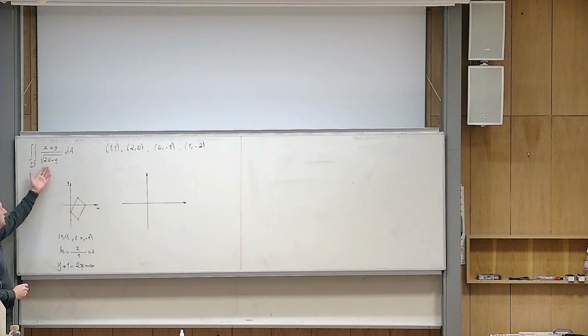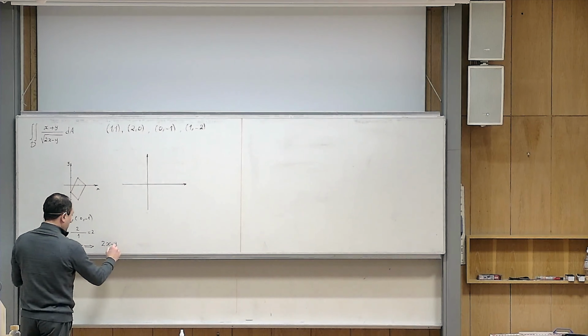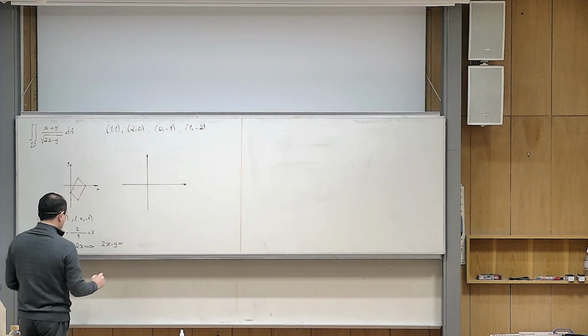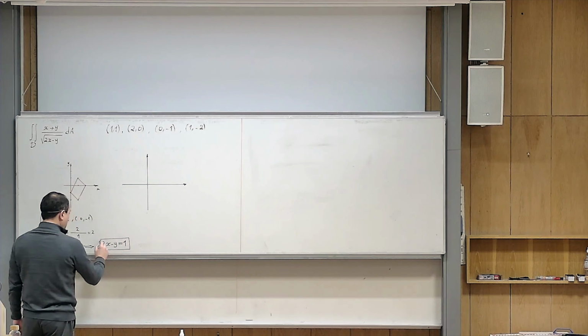This is helpful when the equation of these lines have something to do with the integrand of your function. So this motivates me to move y to the other side. So this gives me 2x minus y is equal to 1. So this is one equation.